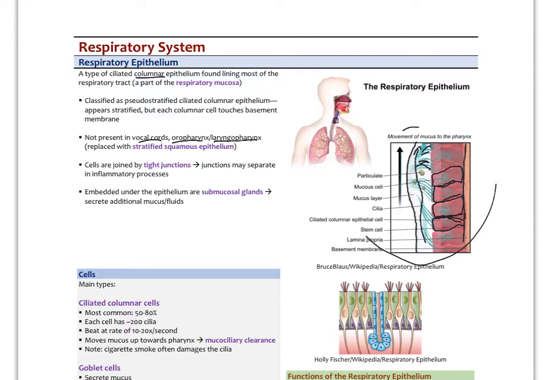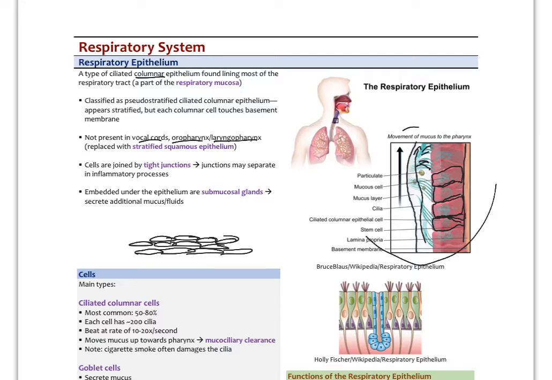That area gets a lot of food. That's where the food is passing, so that tissue needs to be very firm and protected, and so that area actually has stratified squamous epithelium. That is flat epithelial cells stacked in layers. They're not ciliated, but they have a lot of protection, so this provides a mucosal barrier.